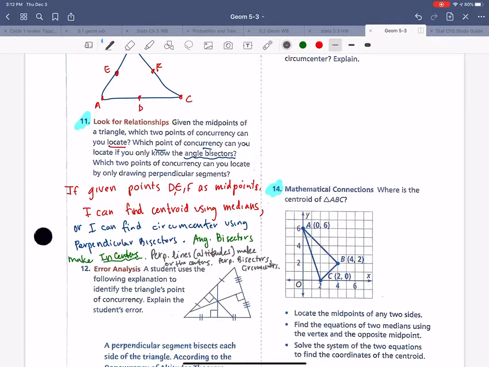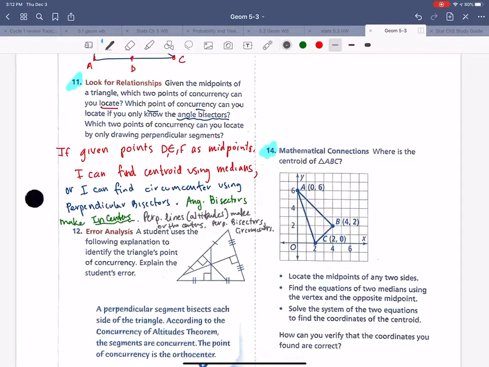Okay, so that's a big question, but those are all the types of ways and how we can make those. All right.